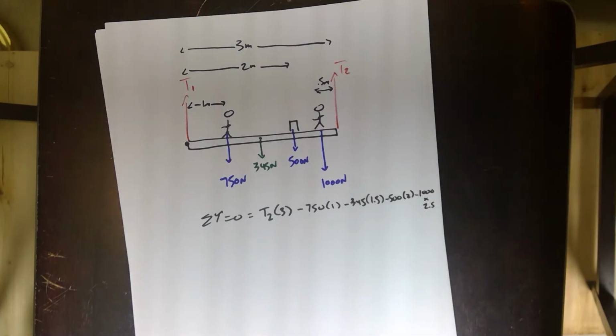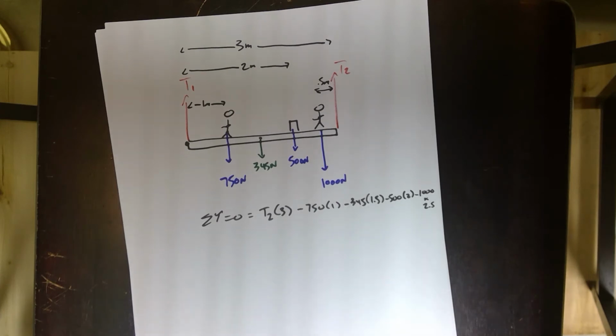Alright, now let's see what I end up getting for my answer here. So 0 is our net torque. We have T2 here, and that's 3 away, minus 750 times 1, minus 345 times 1.5, minus 500 times 2, minus 1000 times 2.5.